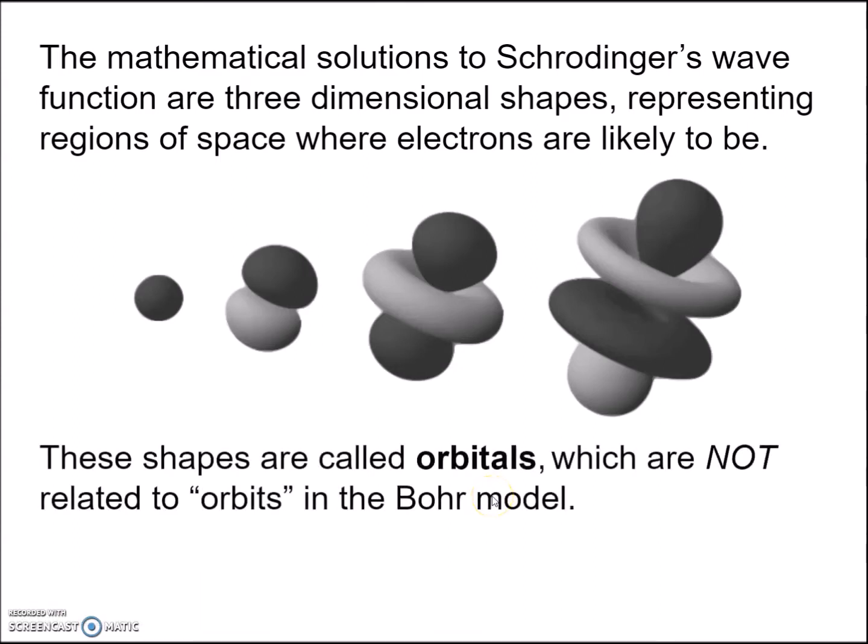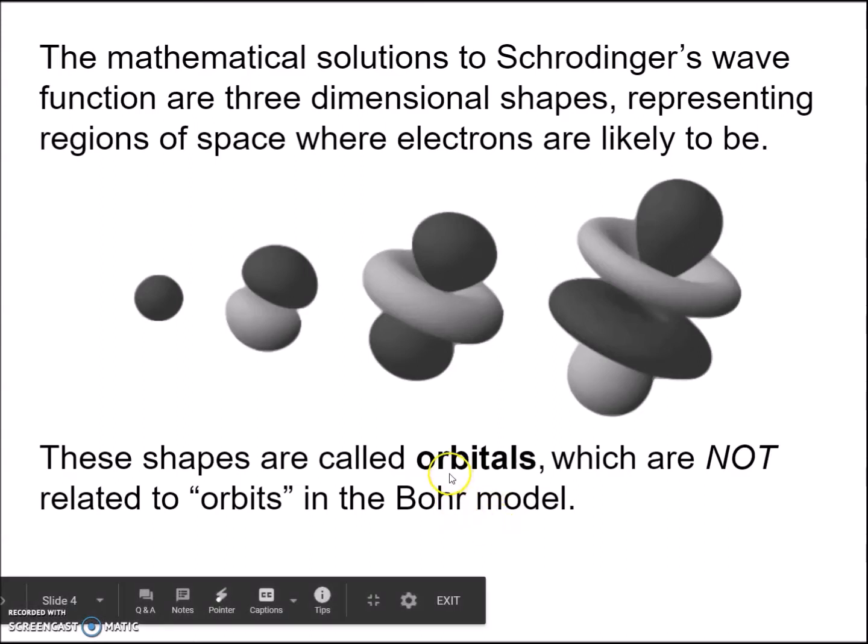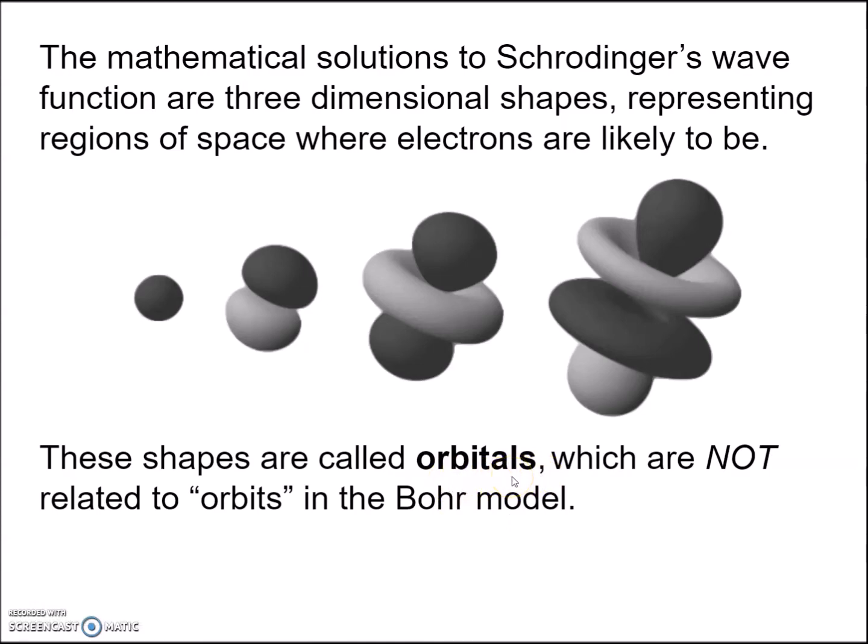There's a name to the three-dimensional shapes that are solutions to Schrödinger's wave function. The name is a little bit misleading and unfortunate. The name for the three-dimensional shape is orbital. Now, some people get that confused with the word orbit, understandably.